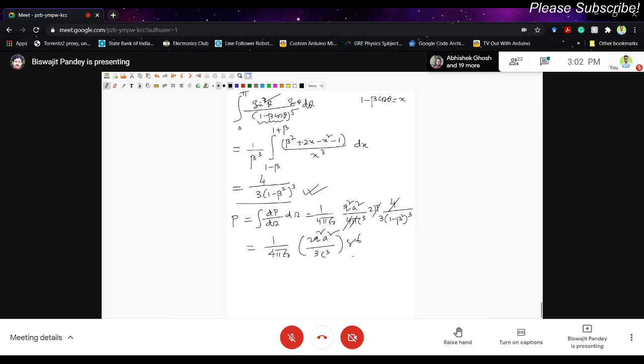Now remember, this is exactly the expression that we got from Liénard's formula in the collinear case, right? So as I told you in the last class, both of them actually lead to the same result. The thing is that in this case, if you want to write it in terms of the Poynting vector or dp d omega, the expression is a bit more lengthy, and you have to integrate through all these steps to arrive at the formula.